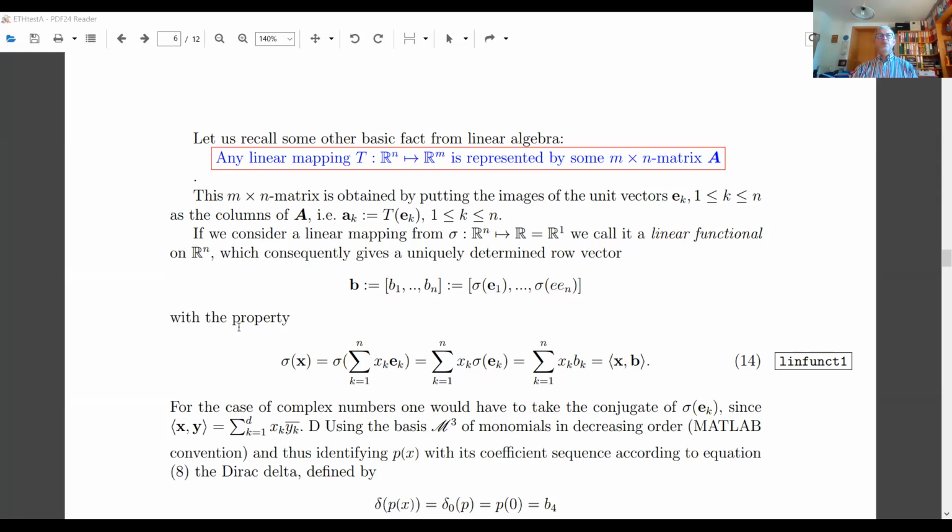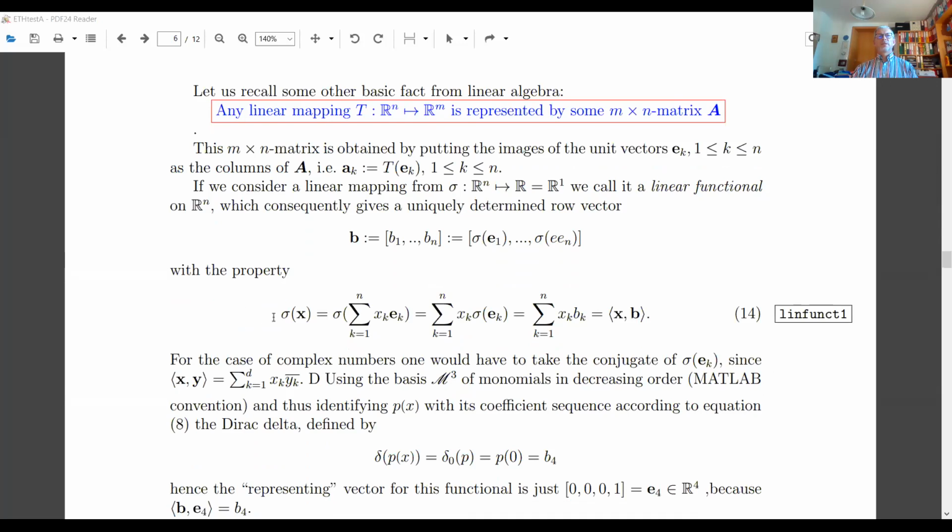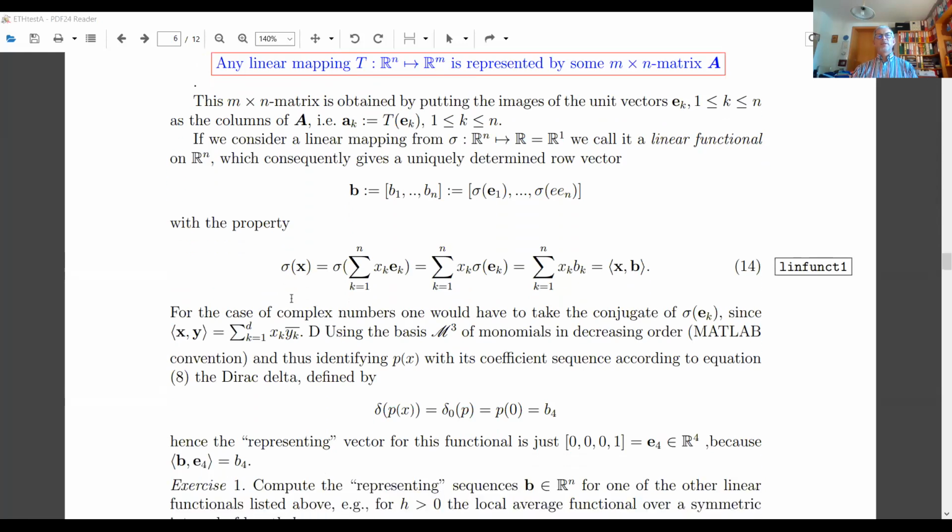Now, the property that such a linear functional is compatible with linear combination says, if you apply sigma to a linear combination of unit vectors, namely the standard representation of a vector x with coordinates x1 to xn, then you can move the sigma onto the unit vector. So you get xk, the coefficients, times sigma of ek. So just setting sigma of ek to be the b vector, you come up with the representation as a scalar product.